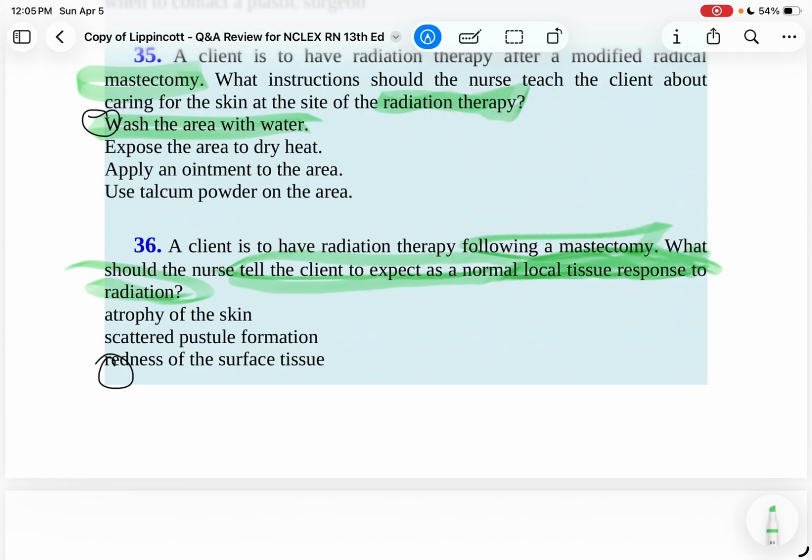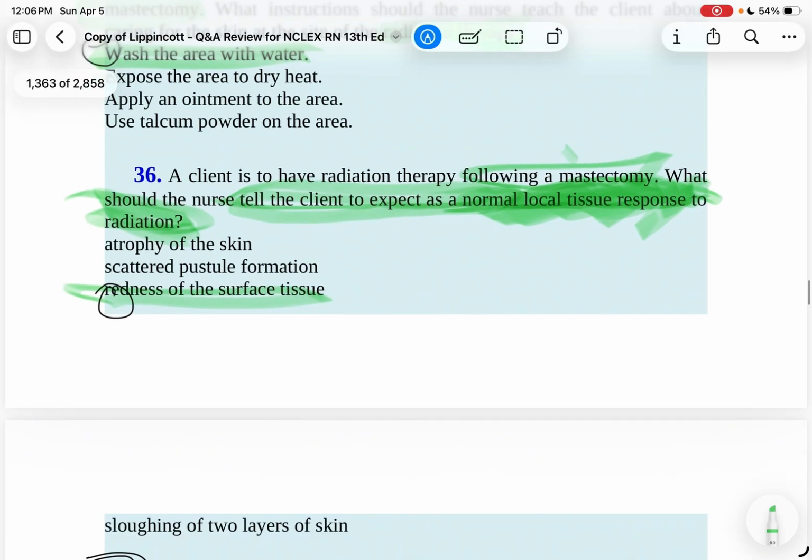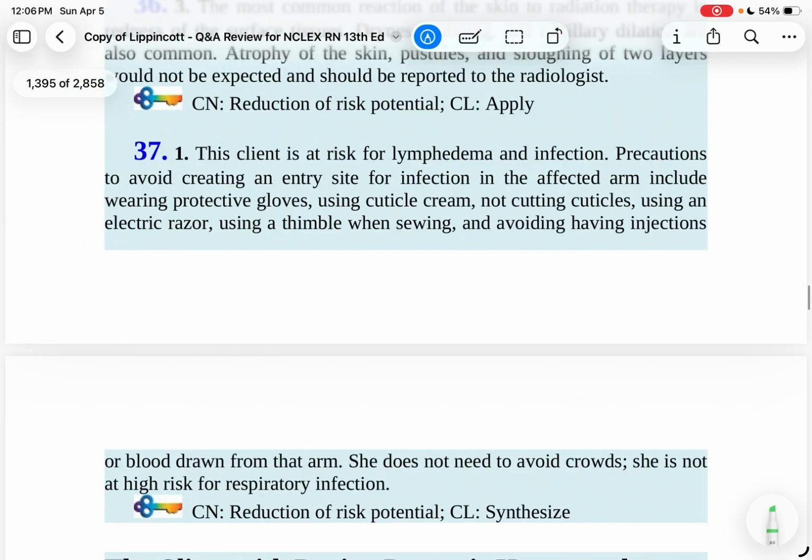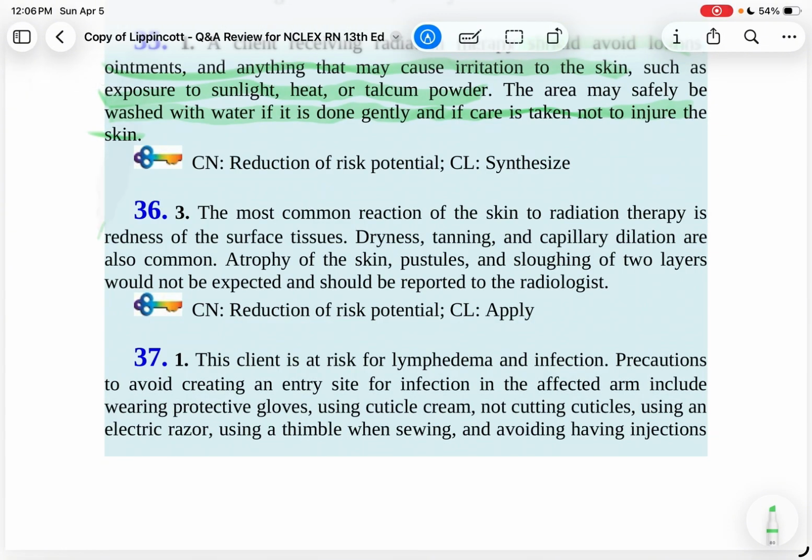Redness of the surface tissue. So the nurse tells the client she will have redness of the surface tissue. Skin reaction to radiation is redness of the surface tissue. Dryness, itching, and capillary dilation are also common.